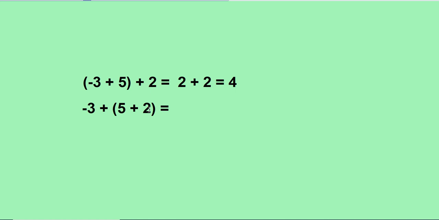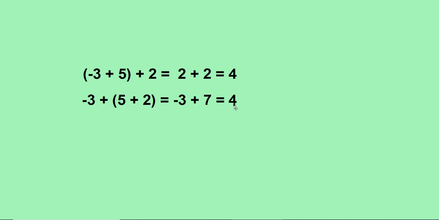That means add 5 plus 2 first, then add negative 3 to that sum. 5 plus 2 is 7. Negative 3 plus 7, different sign, subtract, the bigger number's sign is positive, so it is 4.